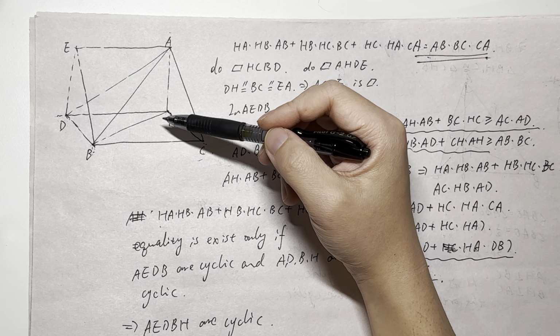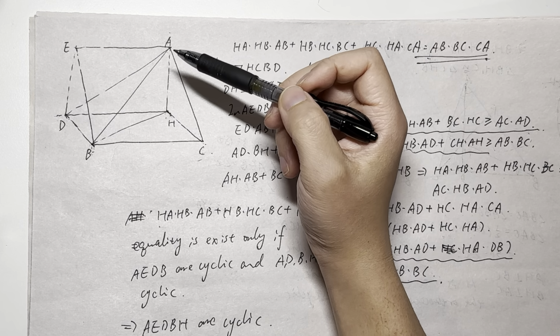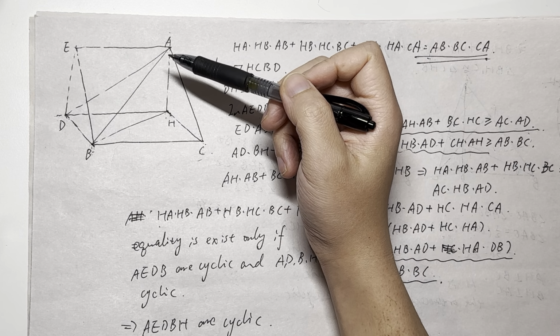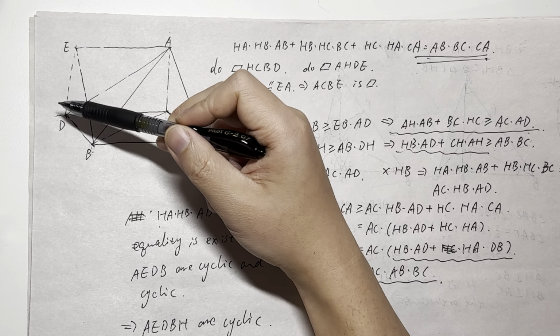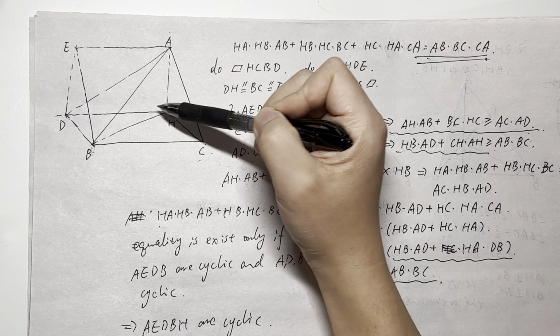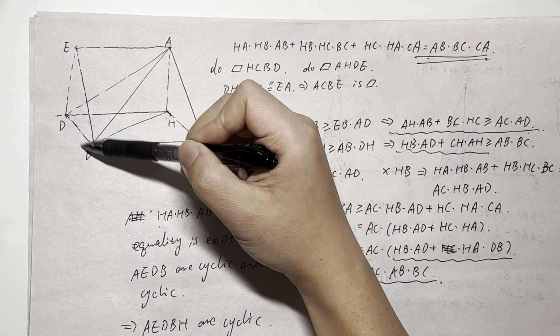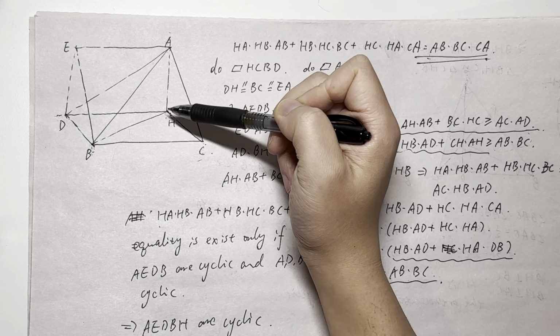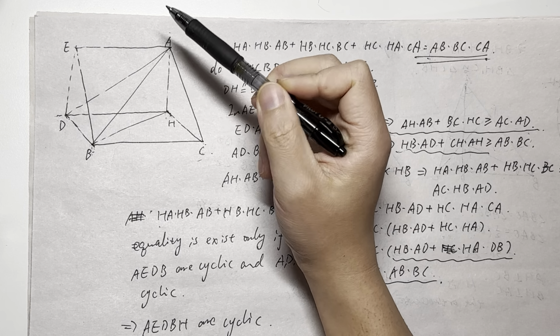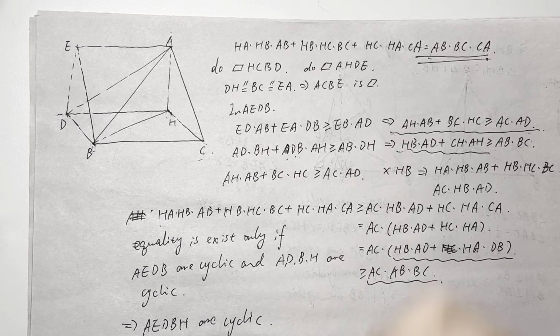So that is saying we need to prove that, because AHD needs to be 90 degrees, then the angle ABD needs to be 90 degrees, and angle AED should be 90 degrees, right?